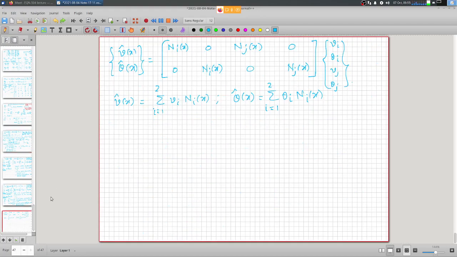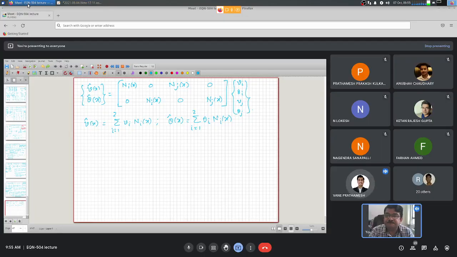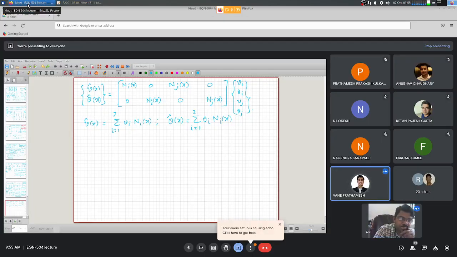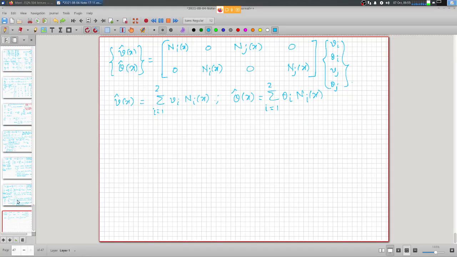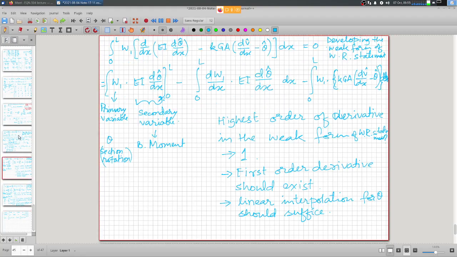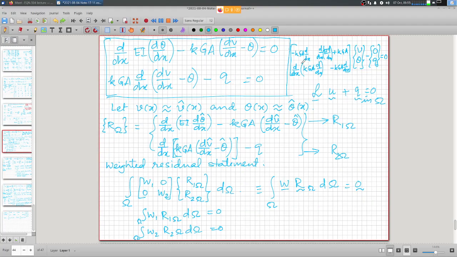I think the first equation in the operator is not agreeing. Okay, let us see. What is the first row of the equation?